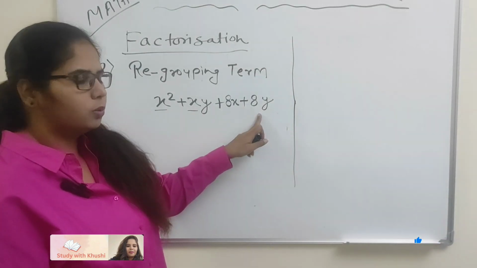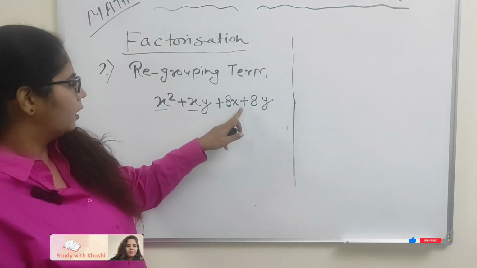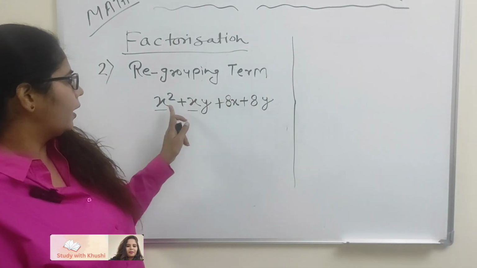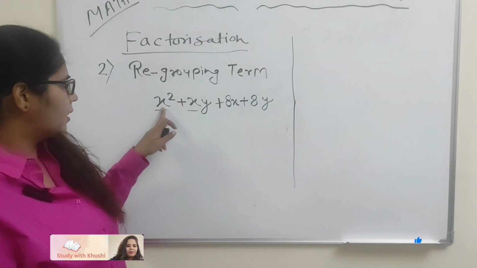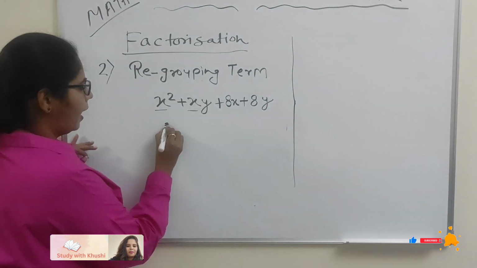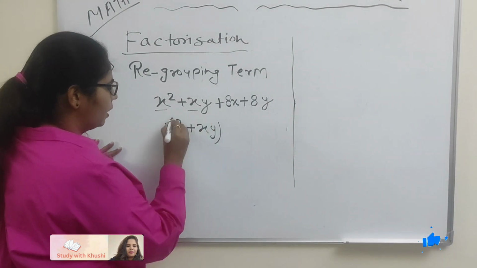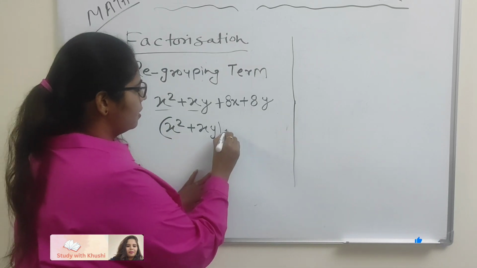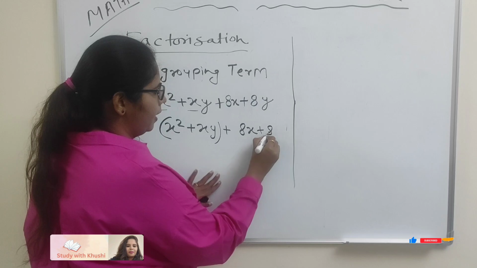So s square and xy is one group, and 8s plus 8y is another group. First make the group of s square plus xy, which is my one group, and the second group is 8s plus 8y.